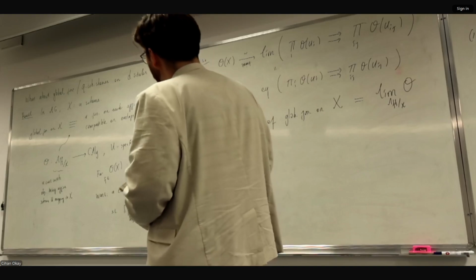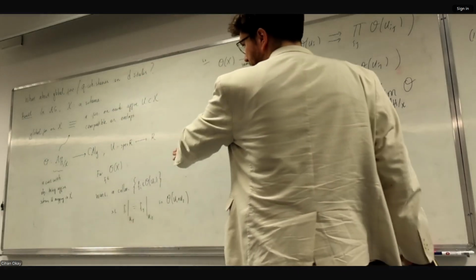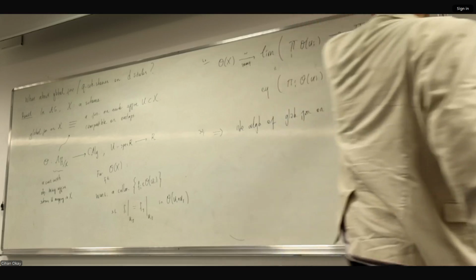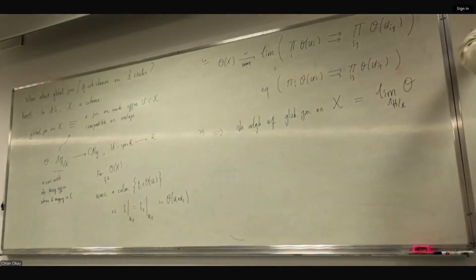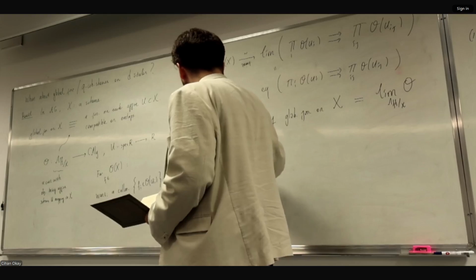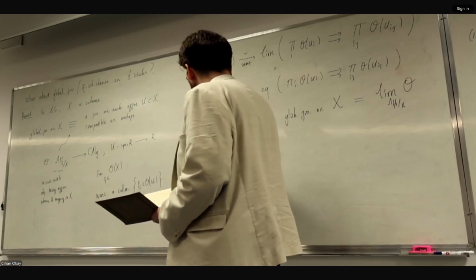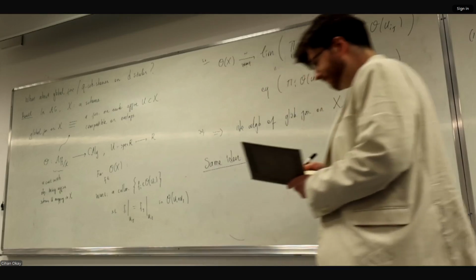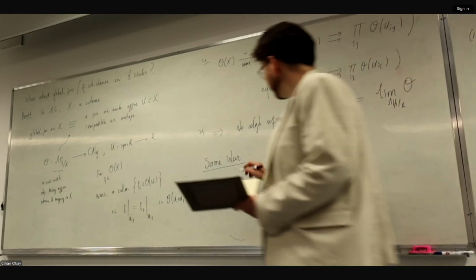So therefore, with this motivation, we are just going to do exactly the same thing, but we want more coherence conditions, right? Like this. Same idea, with the same motivation. So here is the definition.